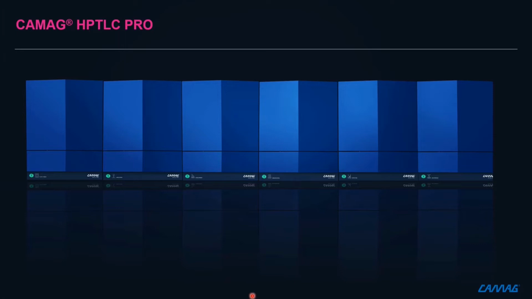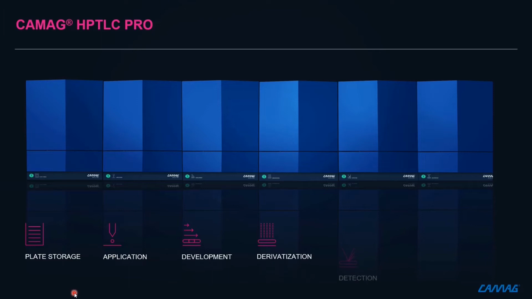So the HPTLC PRO system consists of the modules plate storage, application, development, derivatization, detection, and MS interface. The module plate storage is for automated feeding of the system with clean plates and for receiving back the processed plates in a separate compartment within the module.